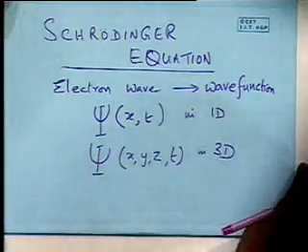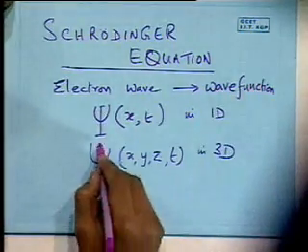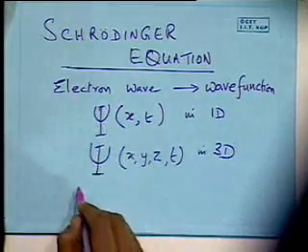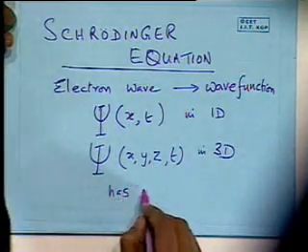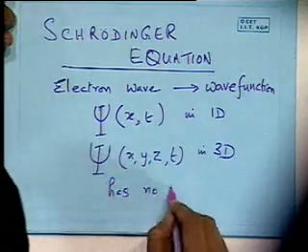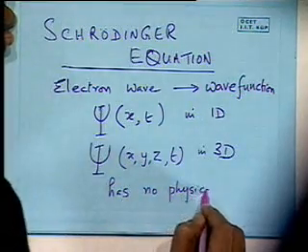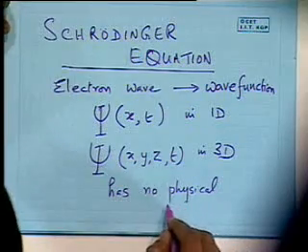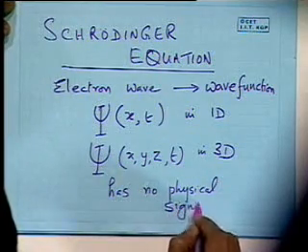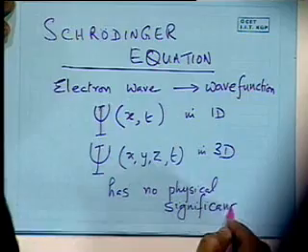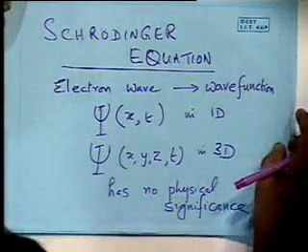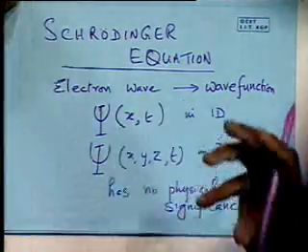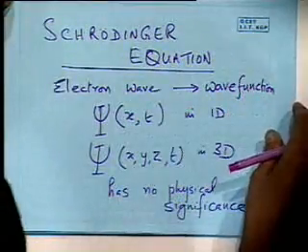All right? The important thing to remember is that psi itself has no physical significance. So don't try to imagine what psi is like. That's, I think, futile. But what is more important physically is psi squared. Okay? So that will have a physical significance too, which we can picture and work with.